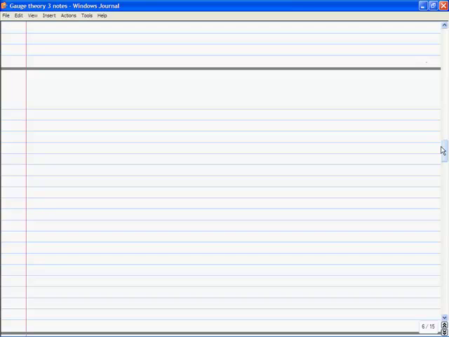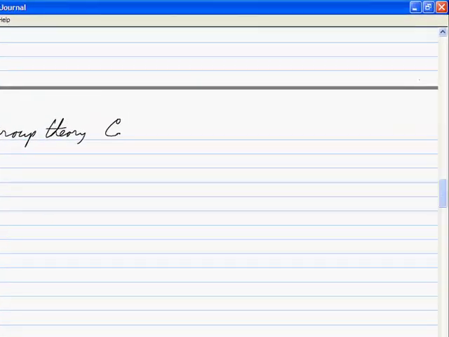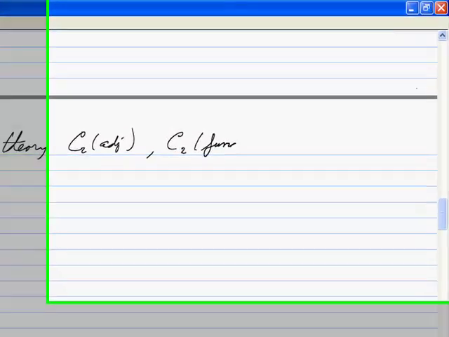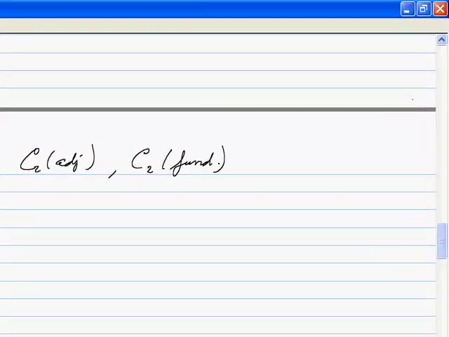But this part of the lesson, I want to do some more practical group theory. I'm going to calculate C2 in the adjoint, and I'll also calculate the quadratic Casimir in the fundamental along the way. And a bunch of other calculations. So in doing this, I'm going to use this identity that I gave you before.